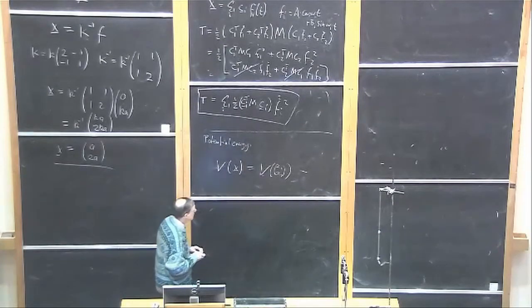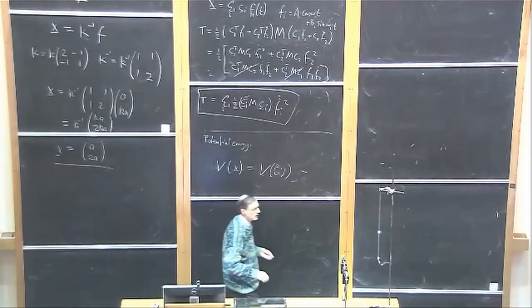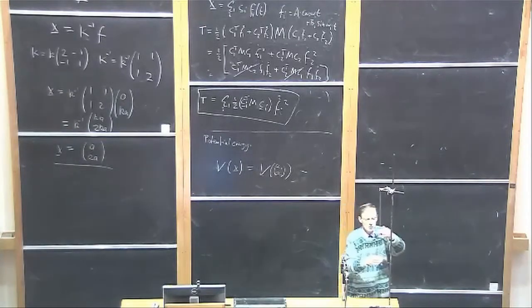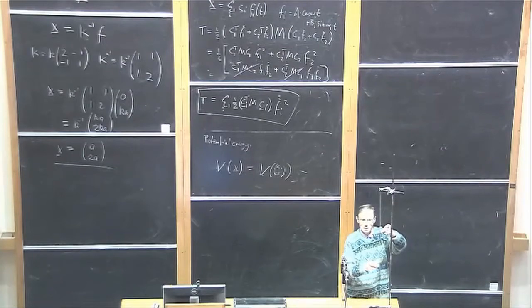And the way I'm going to approach that is by starting from the equilibrium position and considering a succession of positions with the same ratio of displacements in the two masses at all times until I get to the desired final position. Okay? I'm going to integrate the work done to get from the equilibrium position to the final position.